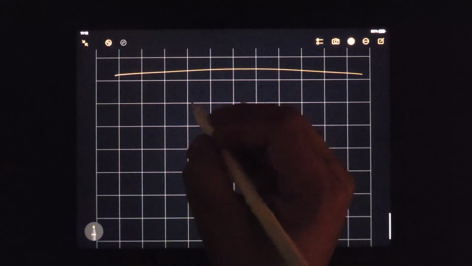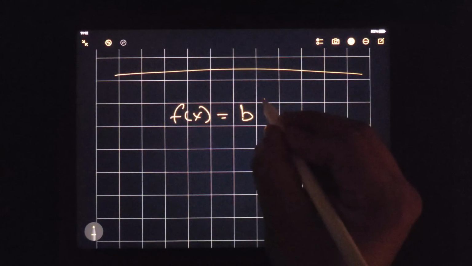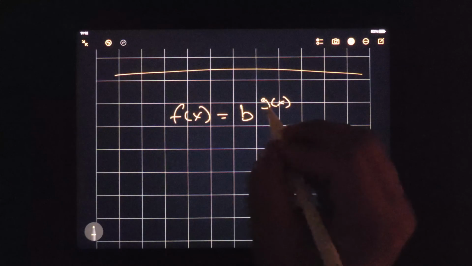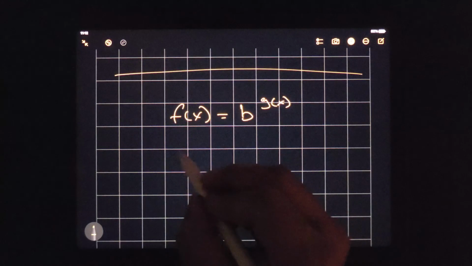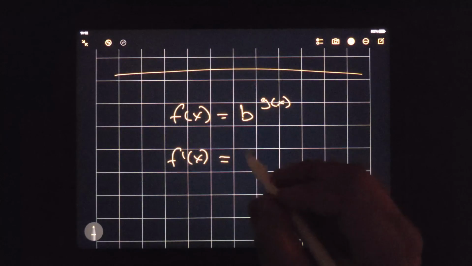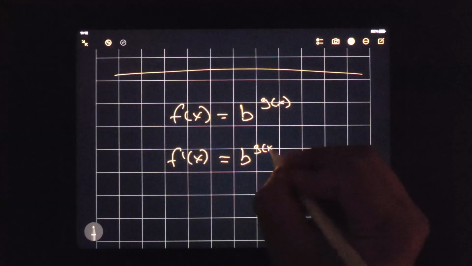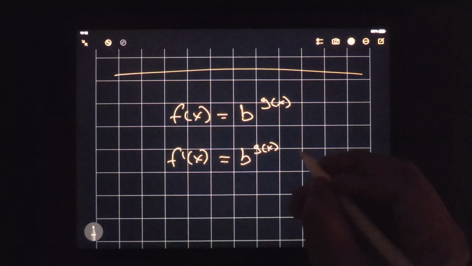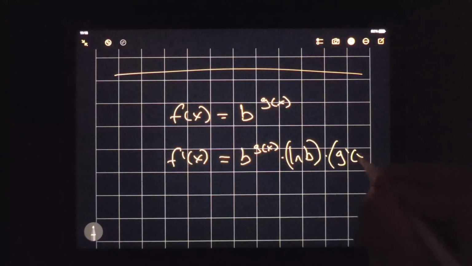If you have b to the power of g of x, then your derivative will be f prime of x equal to the original function, b to the g of x, times the ln of b times g prime of x.